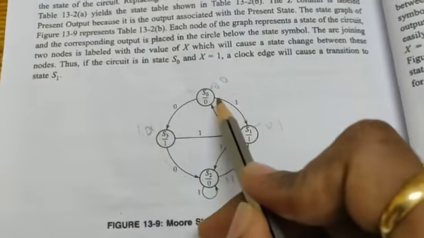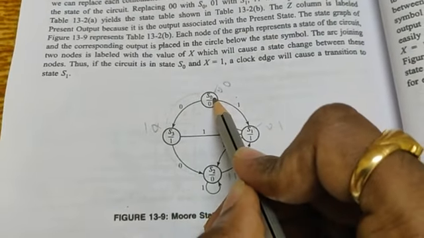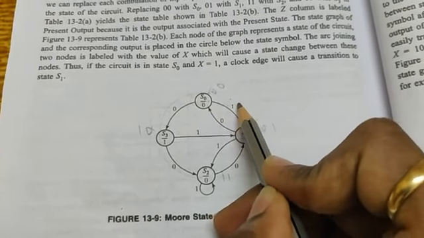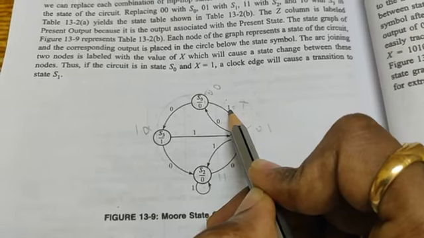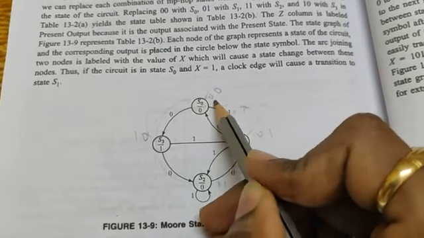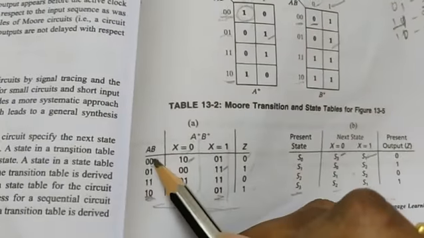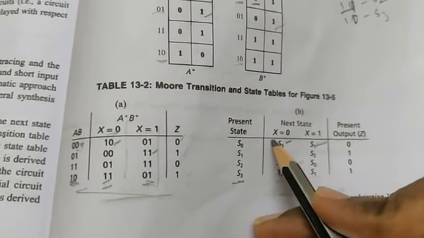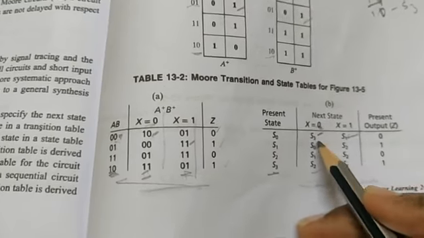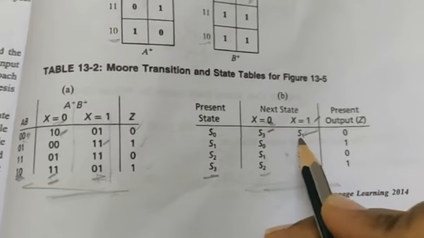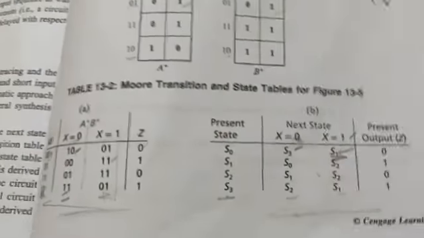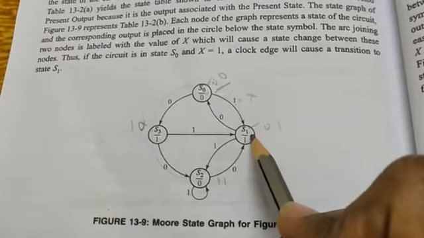So right now we are in the S0 state, that is 0 0. If the x value is 1, this will move to S1 state. That is what they are, S1 state.